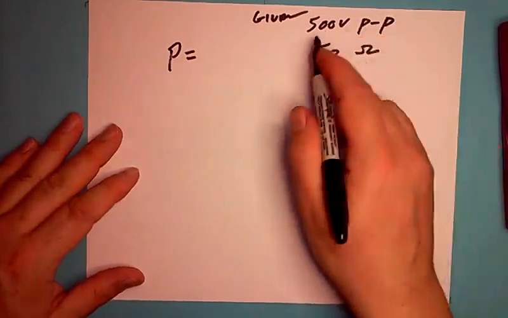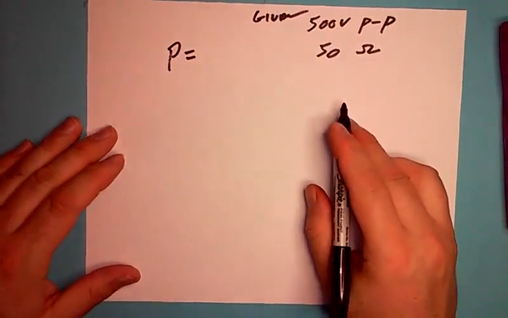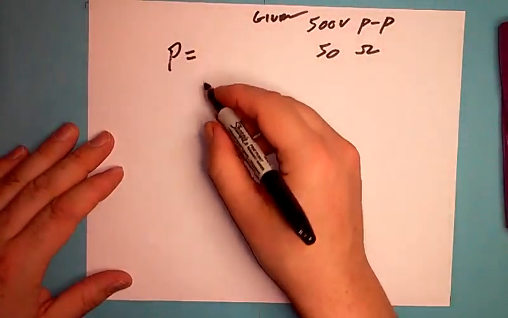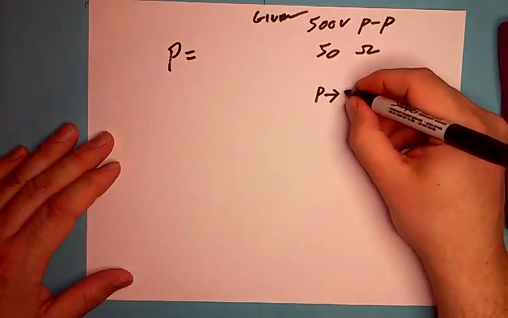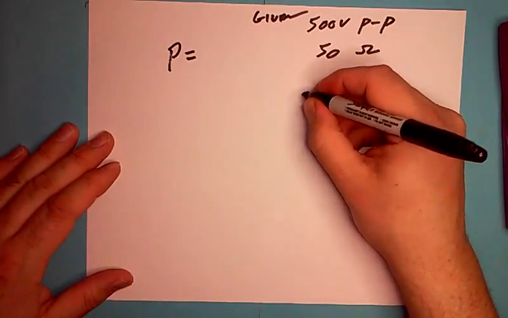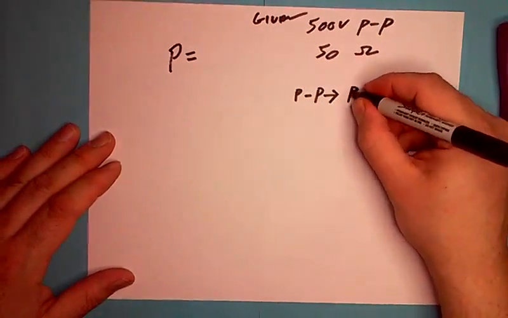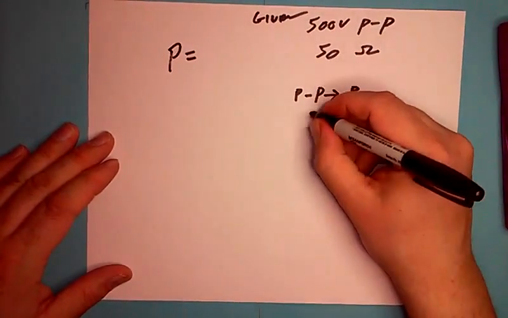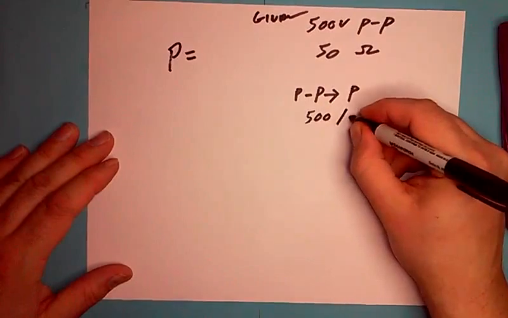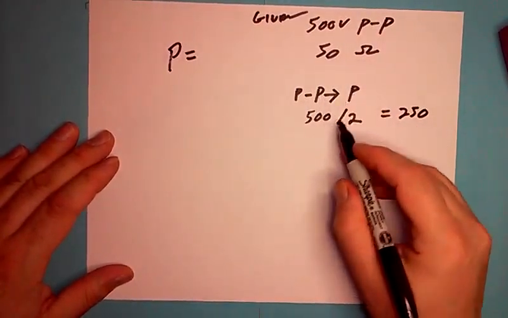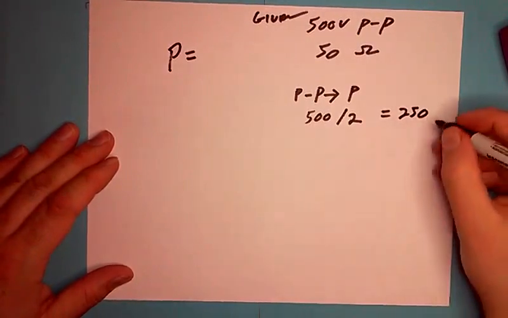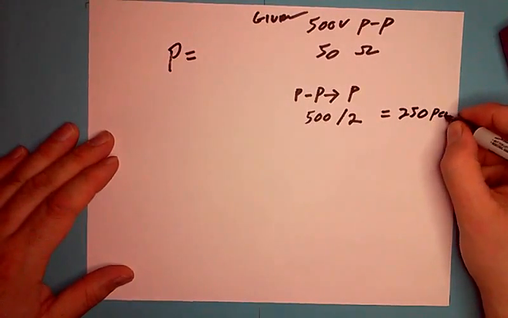All right, so again, we have to convert that peak to peak to RMS. We're looking for power. So peak to peak, right? So 500 divided by 2, that equals 250. So peak to peak, we divide it by 2, gives us 250 volts peak.